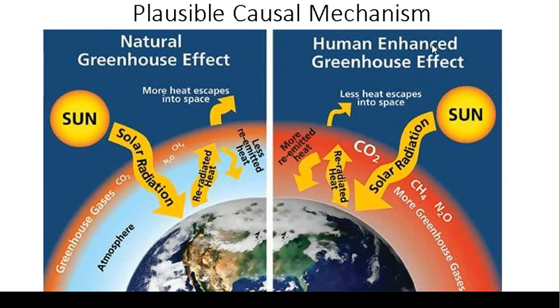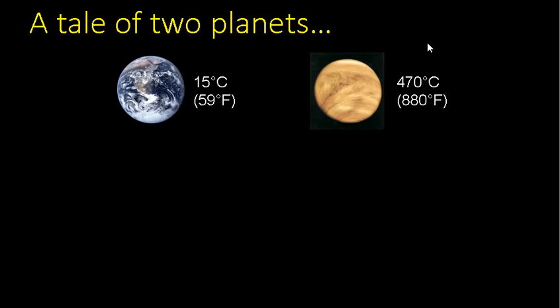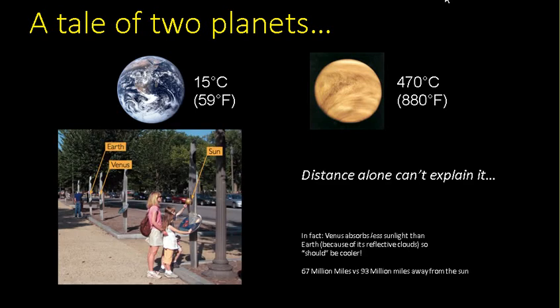What people might debate about is whether this is a man-made effect or not. I argue that it's not a man-made effect. Or I argue that it is a man-made effect. And you can see that a little bit in A Tale of Two Planets. Venus is very much like Earth, except 2 light minutes closer to the sun than we are. But would that explain its severe heat problem?